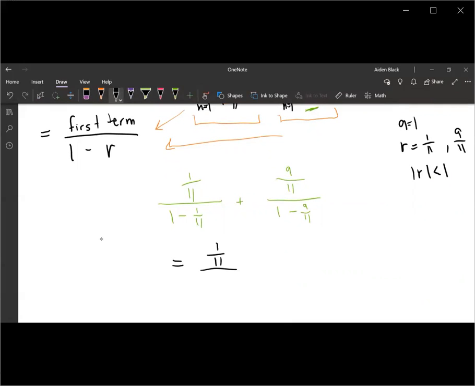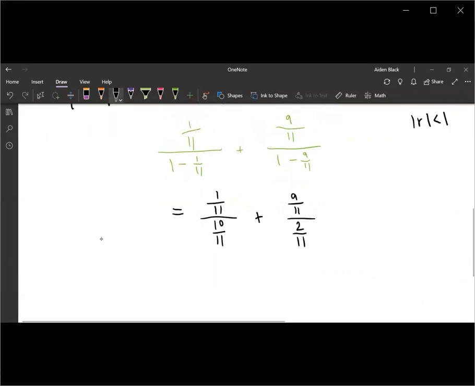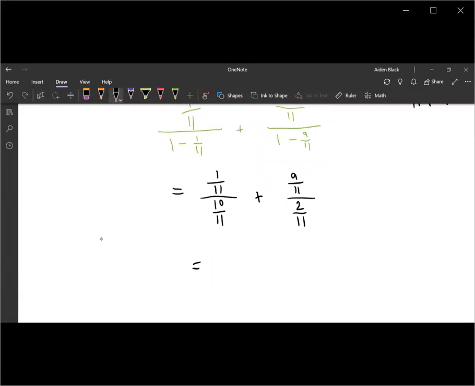Now let's simplify. I like to, when dividing fractions, multiply by the reciprocal. And there we have some terms that we could cancel, the 11s.